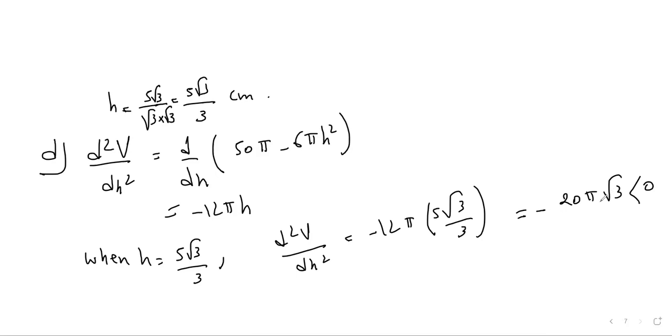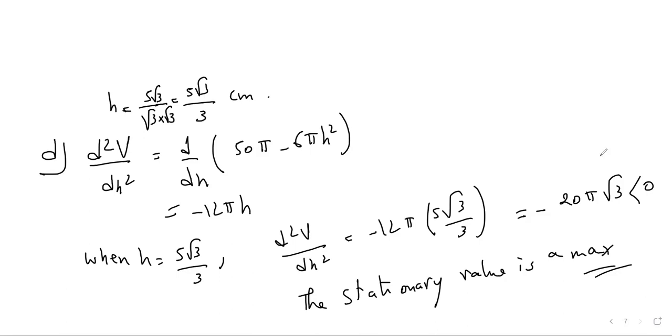Since the second derivative when h is equal to the stationary value is negative, I can deduce that the stationary value is a maximum.